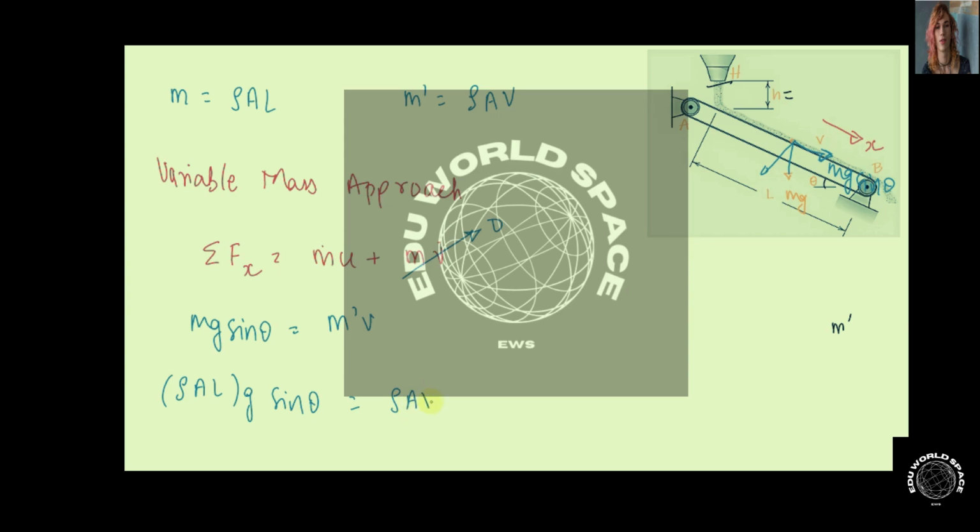So rho A v times v would become v squared. So from here rho and rho will cancel out, area cancels out, and we'll get the expression for velocity to be under root g L sin theta. So this is the required expression that was asked in the question.